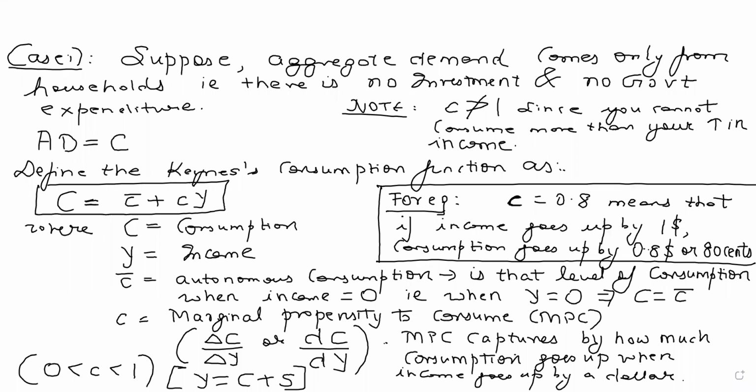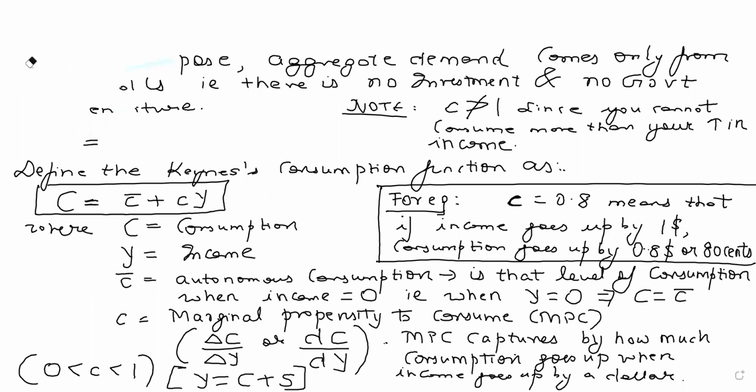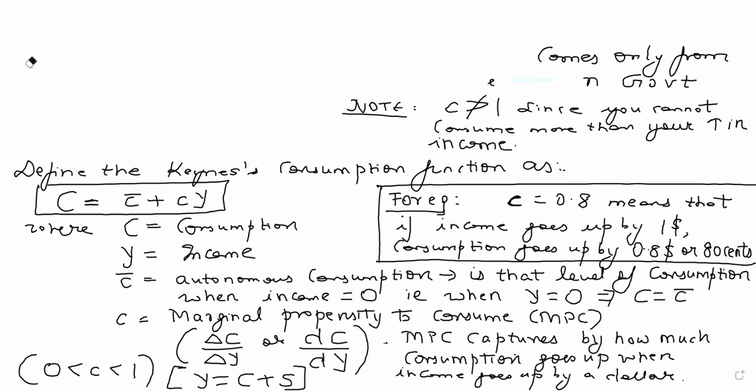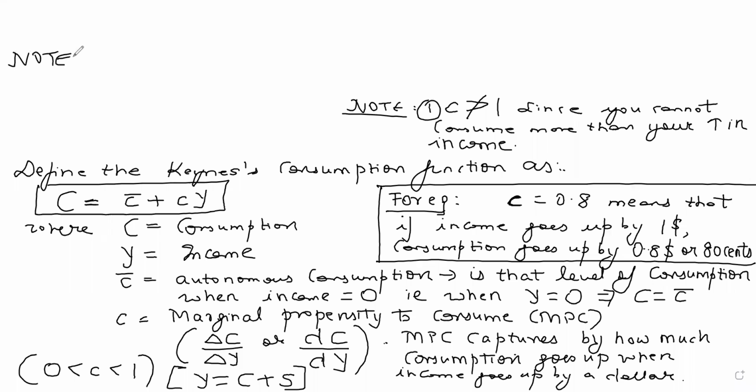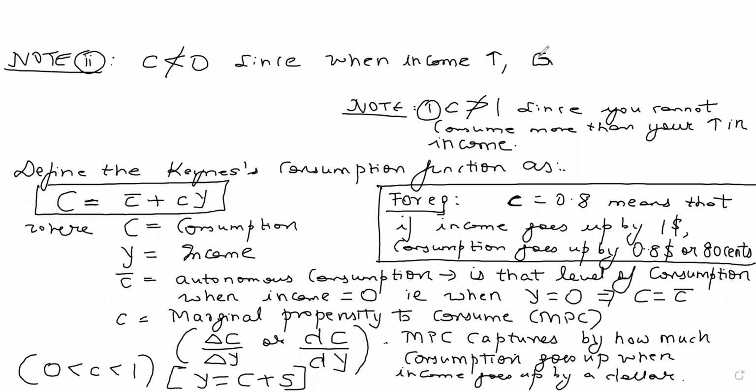I can write this also. So this was point 1, and this is point 2. Consumption cannot be less than 0, since when income goes up, consumption must also go up.